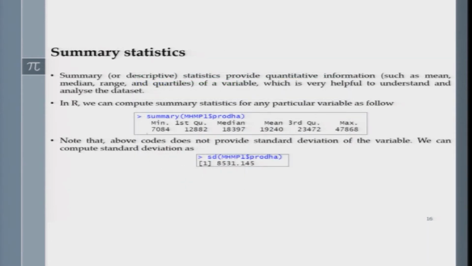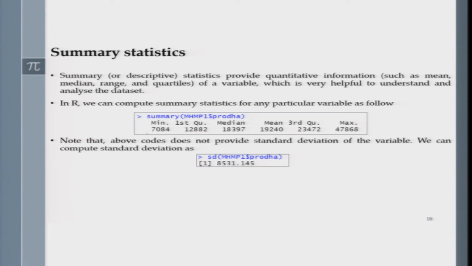Now after you have drawn the histogram for a variable, it is time to have a look at the summary statistics, because summary statistics will give you a fair idea about the distribution. Here I am showing you what you need to write in the R console so that you can retrieve the summary statistics.